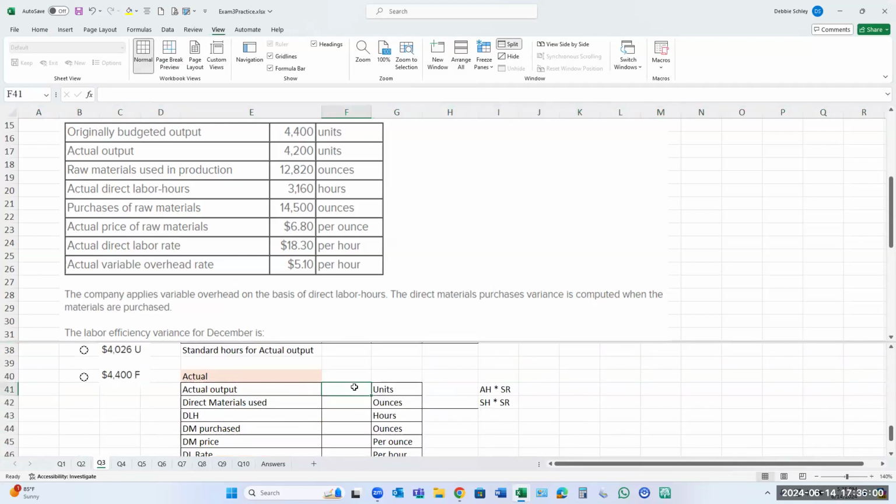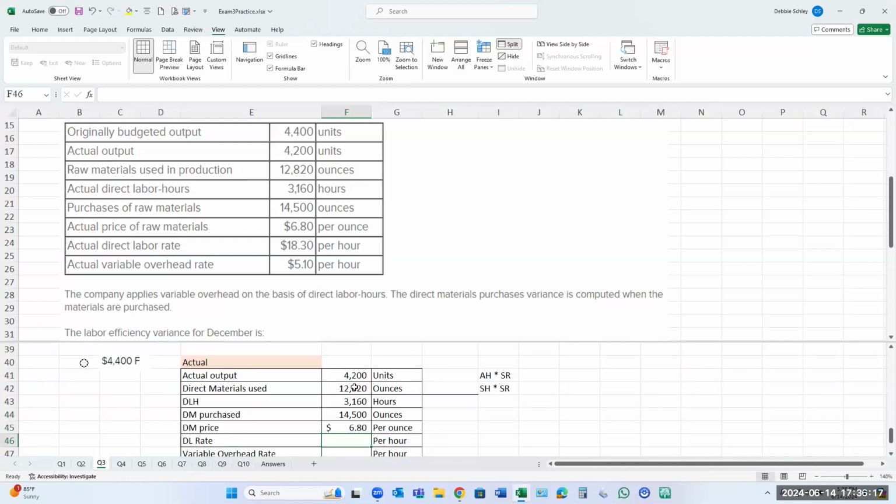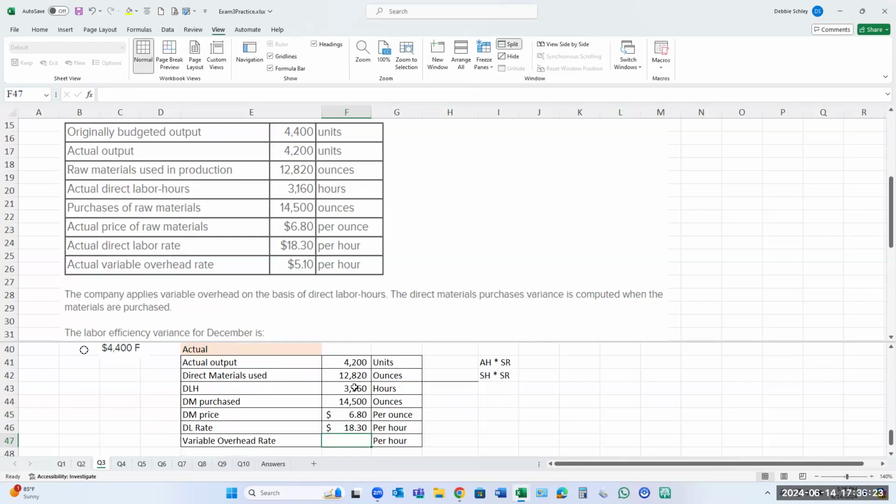Actual output of units was 4,200. Direct materials used in production, direct labor hours, direct materials purchased, actual price of raw materials, direct labor rate actual, and variable overhead rate actual.